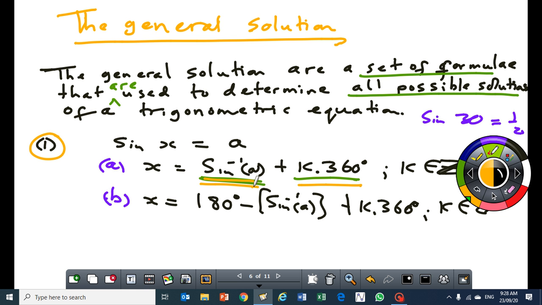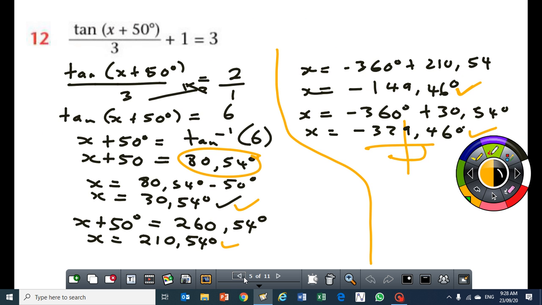Then we add k times 360. Now, why do we add the k times 360? If you were paying attention to what I was doing here, I'm sure you saw that I was adding that.